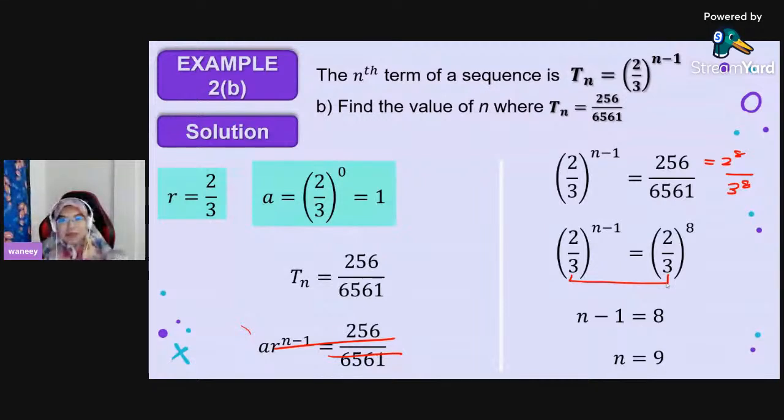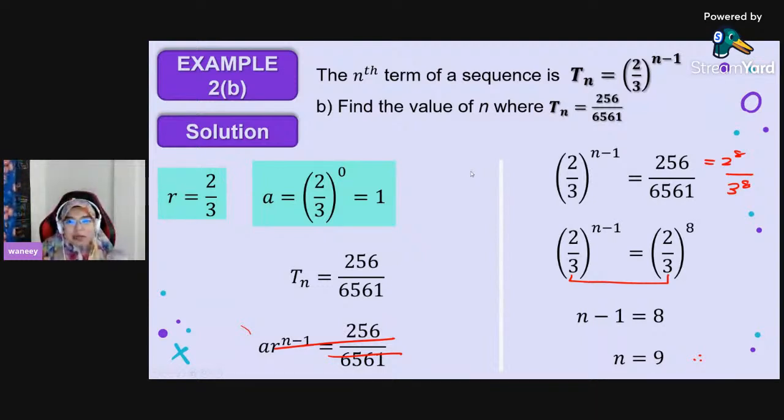Dia memang dah tak ada benda lain lah. Tapi kalau kata dapat decimal tak apa, go on je lah. Andai katalah kan awak tak dapat nombor yang betul, awak dapat decimal je, tak apa, go on. Nanti final answer kita akan bundarkan. So n sama dengan berapa. Okay, done with example 2.